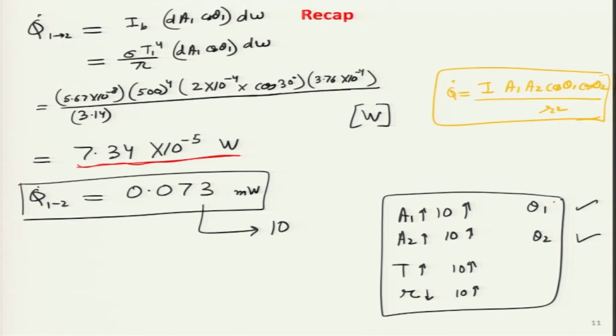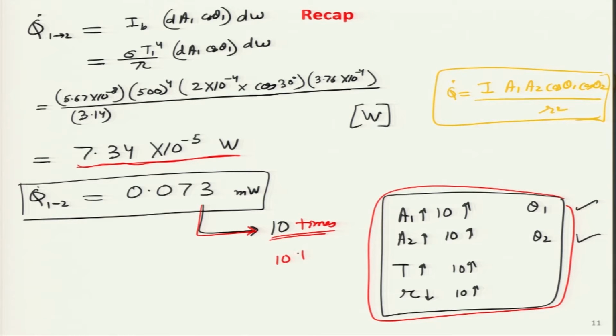And then we looked at this exercise over here, that if, let us say, after looking at this number we wanted to increase it 10 times or 100 times, because these are some of the engineering challenges which a lot of engineers face, that we have a particular design which is not giving us the optimum heat transfer. I want to enhance the heat transfer 10, 100 or 1000 times.